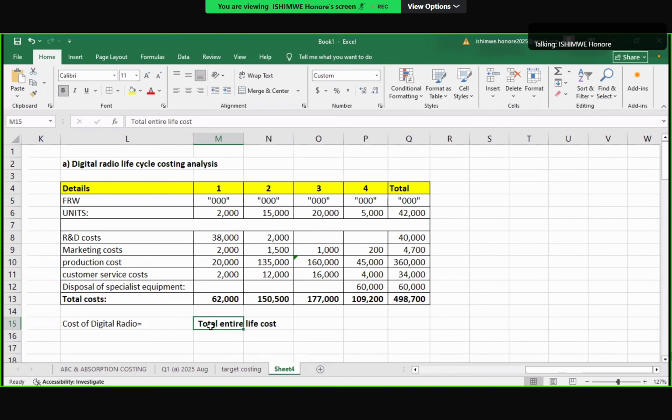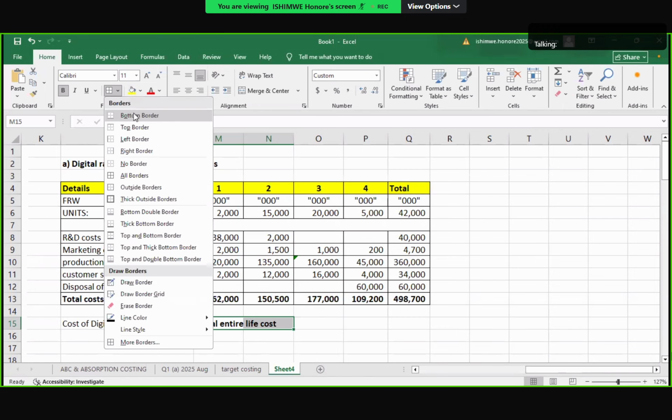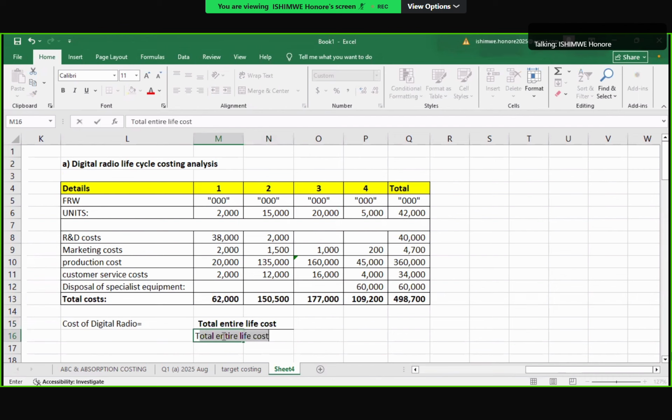Let me put a division. Divide it by total entire units produced. This entire life. And also determine our total cost is this. Okay. Total cost will be this.